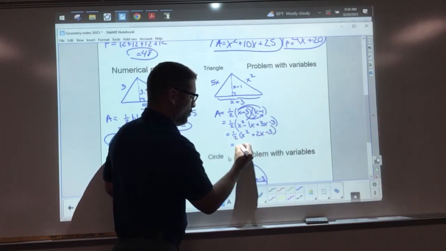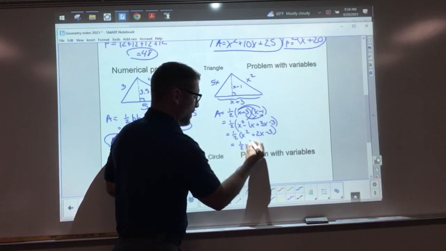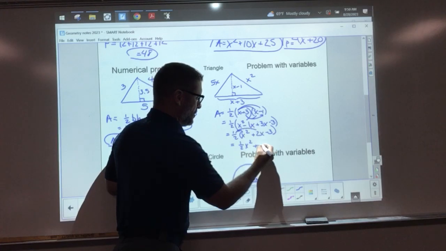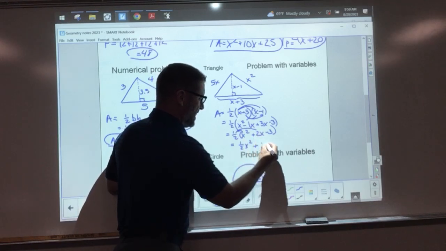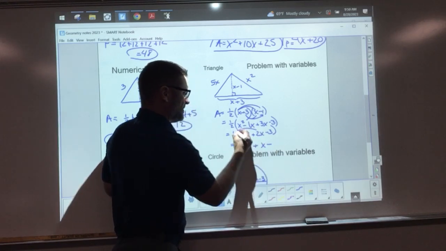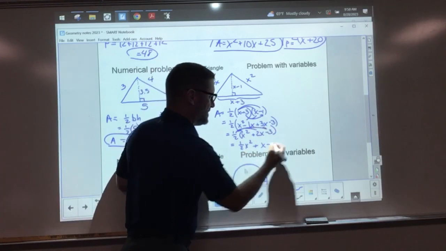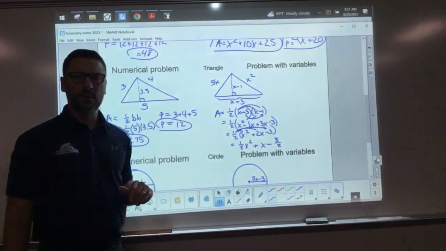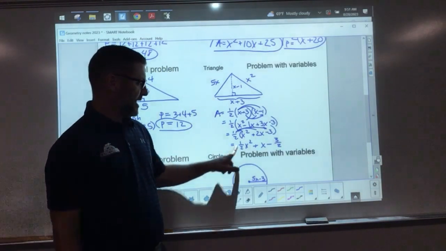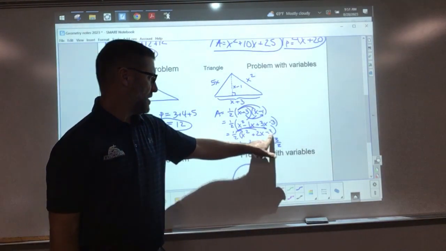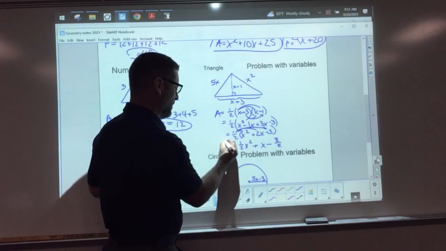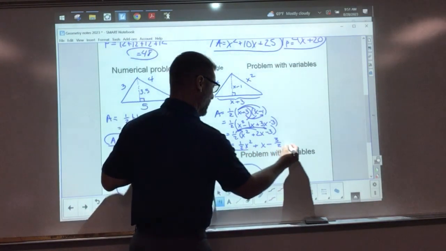I got 1/2 of x squared plus 1/2 times 2 is x minus 1/2 times 3 is 3/2. And really what I did there in that final step is after I FOILed it and combined like terms, I took the 1/2 and distributed through the parentheses. And I got that for my area.